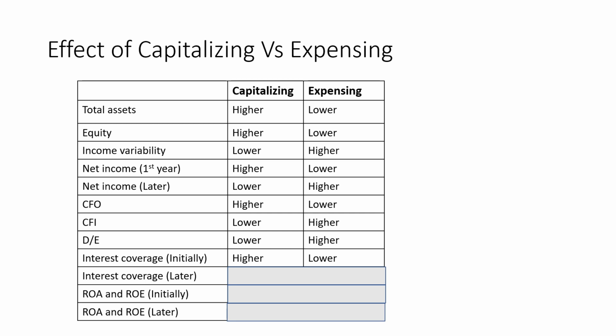However, we know that in the later period, if we are going to capitalize an asset, then what will happen? We have to charge the depreciation or amortization. As a result, earnings before interest and tax may be lower. Therefore, the interest coverage is lower in the latter periods under capitalizing.